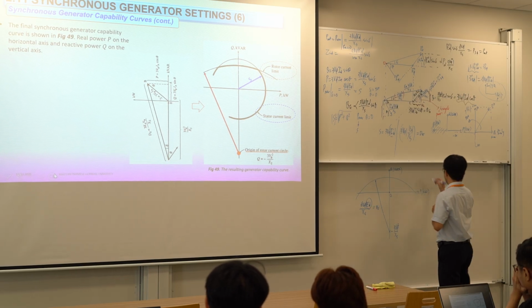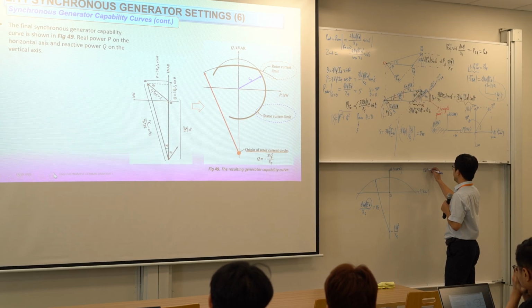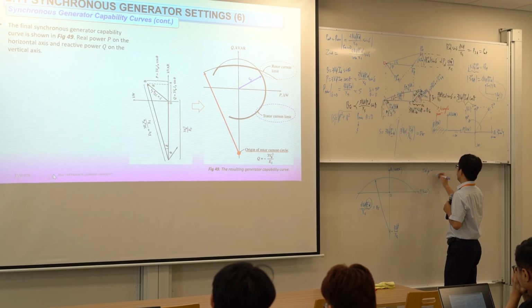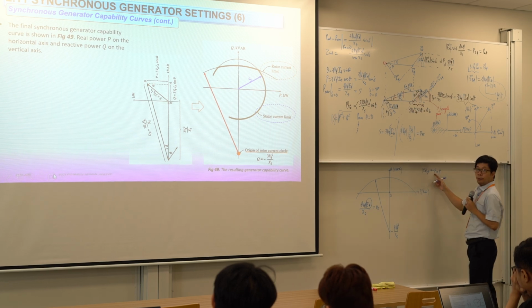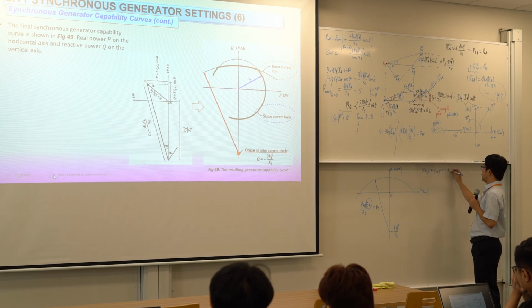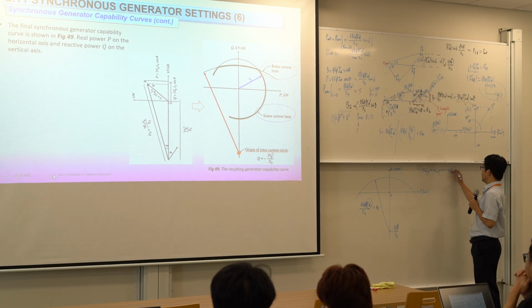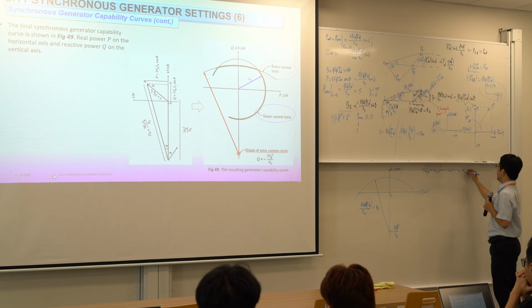If dA increases, that means we need to increase phi m, right? When we increase phi m, we need to increase IDC, right? IDC means Im, or we say this is rotor current.